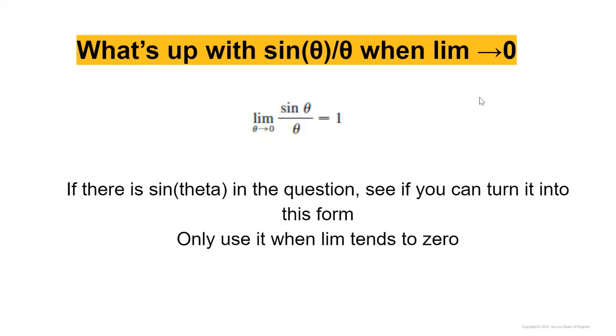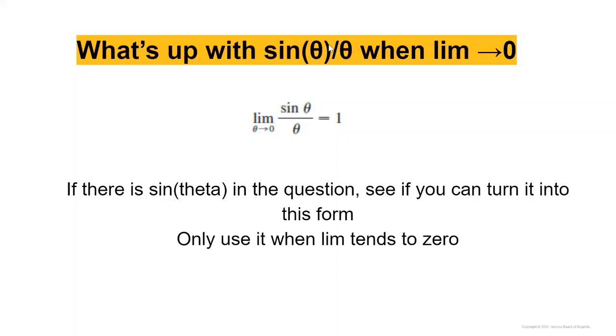Now, one important concept that comes up again and again is that when the limit tends to 0, something happens with sine theta divided by theta, which is that sine theta divided by theta when the limit tends to 0 is actually equal to 1. So if there is a sine theta in the question, maybe just consider it as a hint.